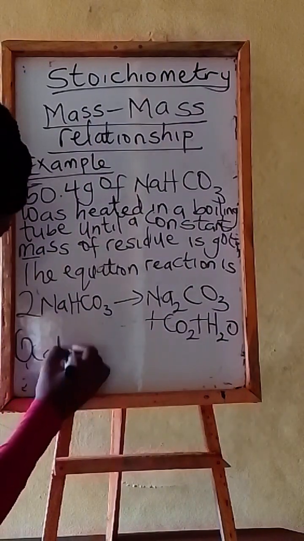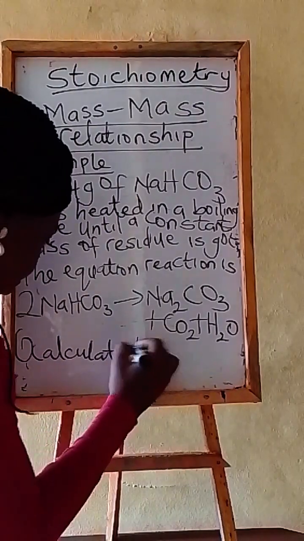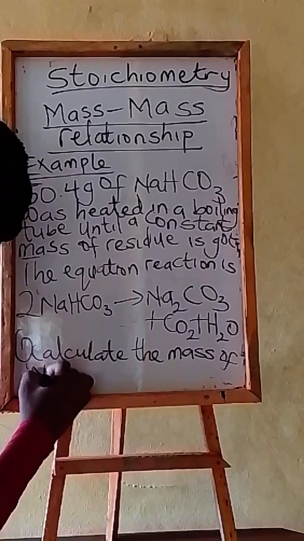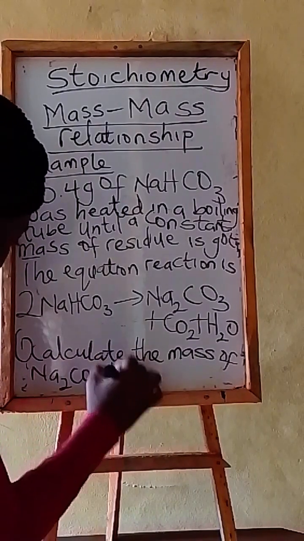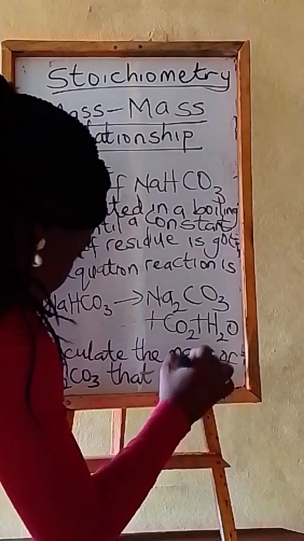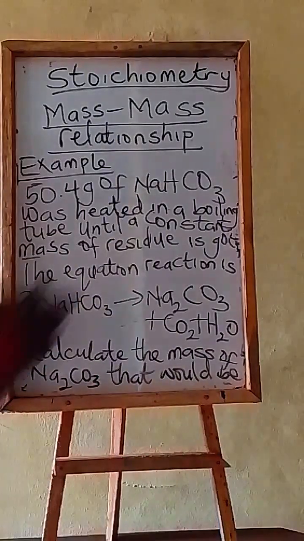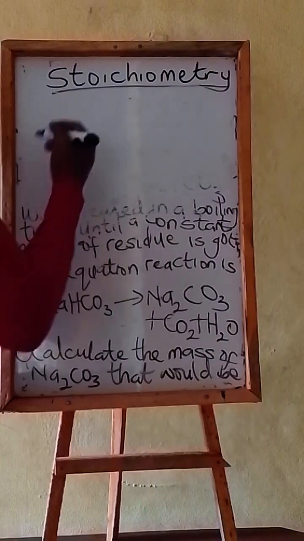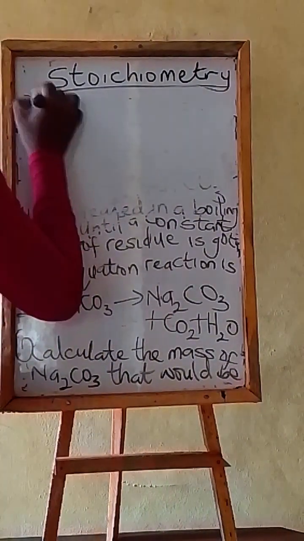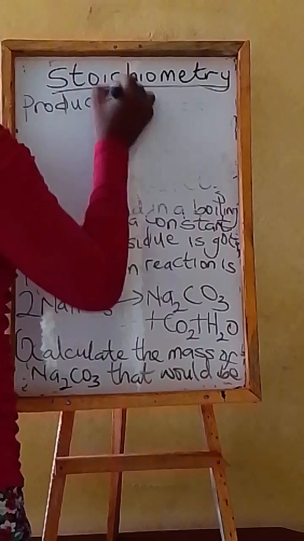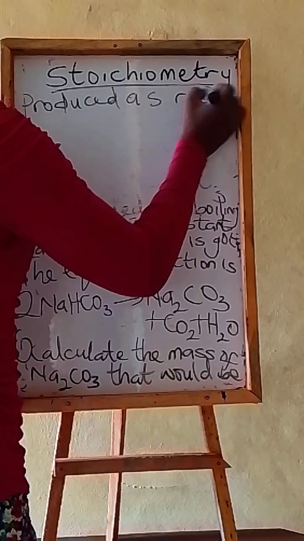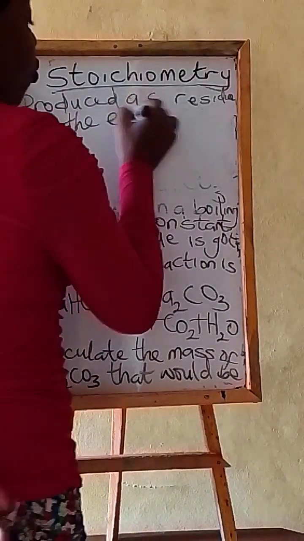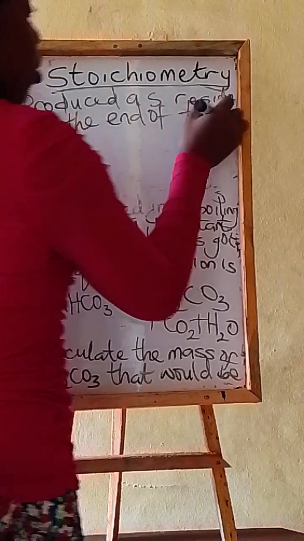Question 1: Calculate the mass of Na2CO3 that would be produced as residue at the end of the reaction.